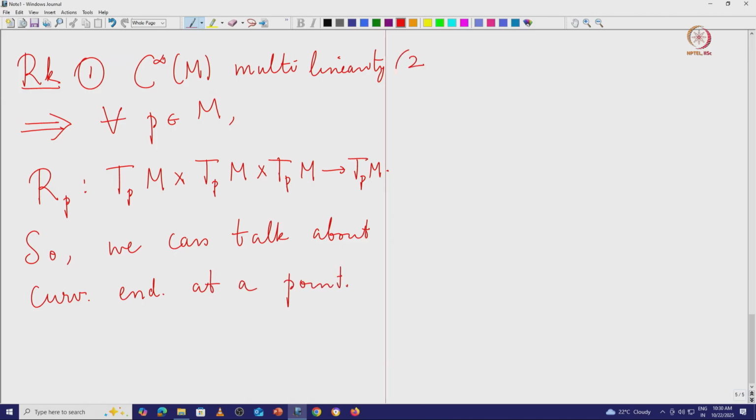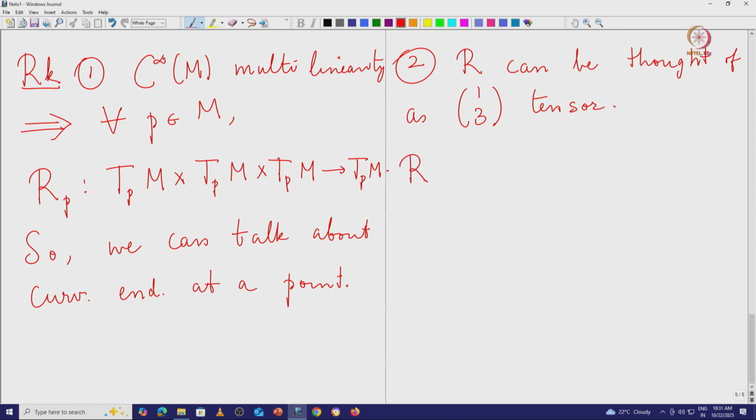Okay, the second point is that R can actually genuinely be thought of as a tensor. R can be thought of as a 1-3 tensor. So what is a 1-3 tensor?